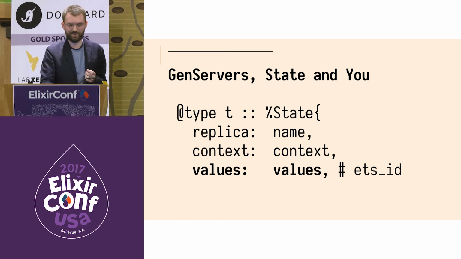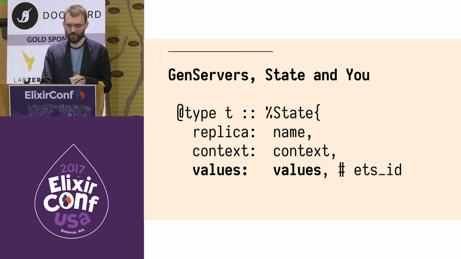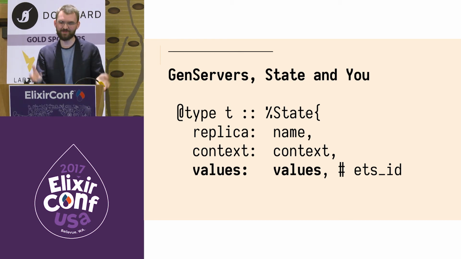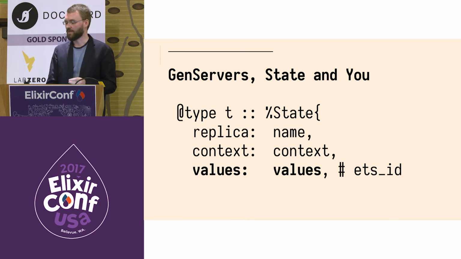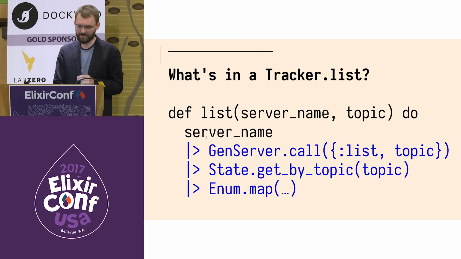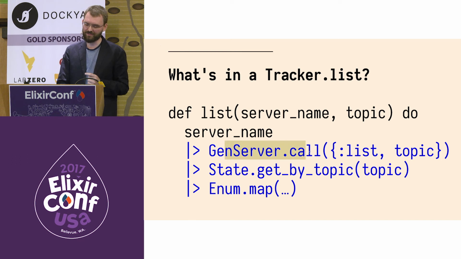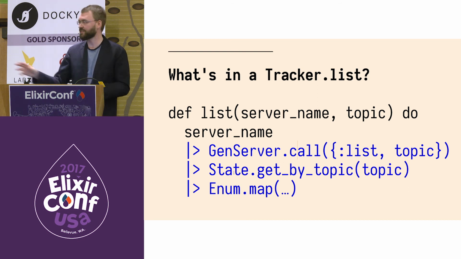But it also has this thing called values, and values is an ETS ID. So the actual values, the actual heavyweight data is not kept in the process memory, it's kept in an ETS table. But when you make a call to tracker list, what happens is we take the name of the tracker, we gen server call list, that gives us the ETS, and then the state module can talk to that ETS.